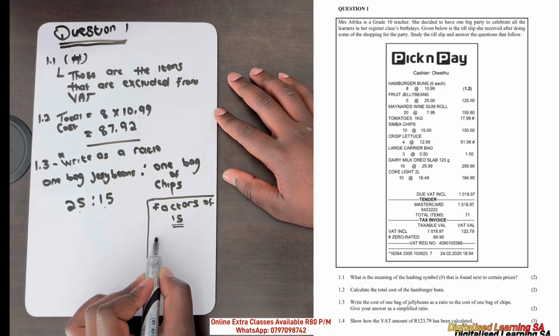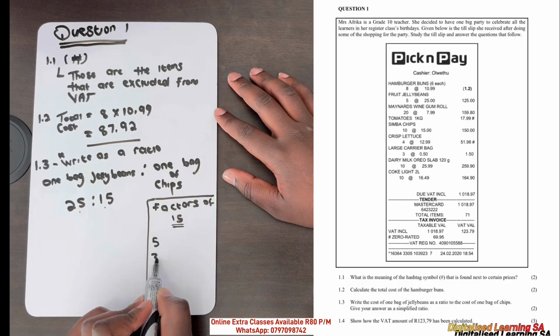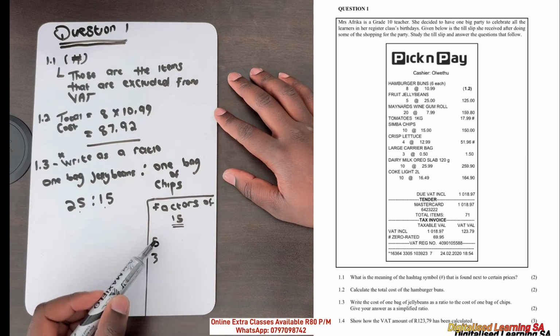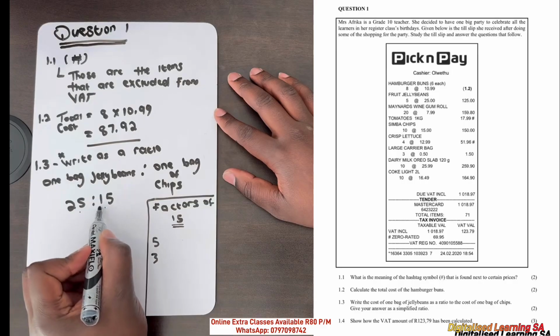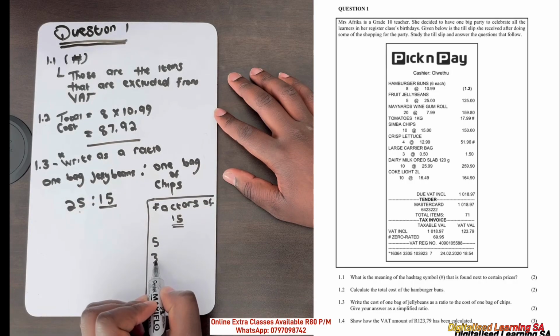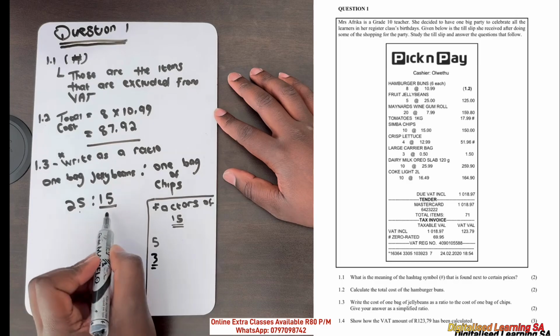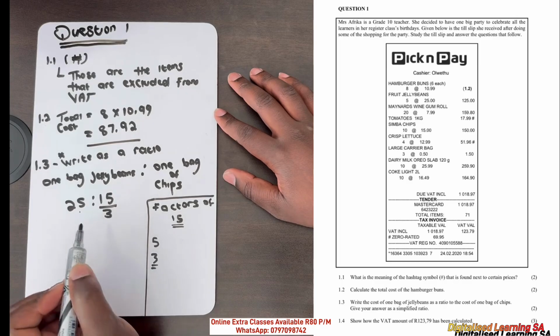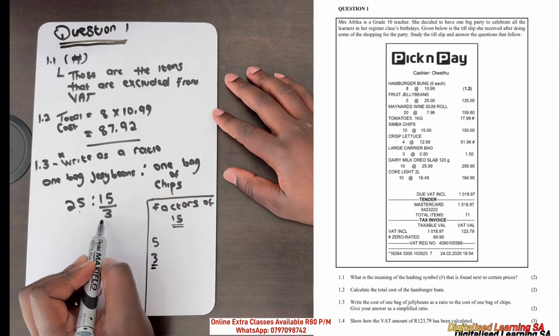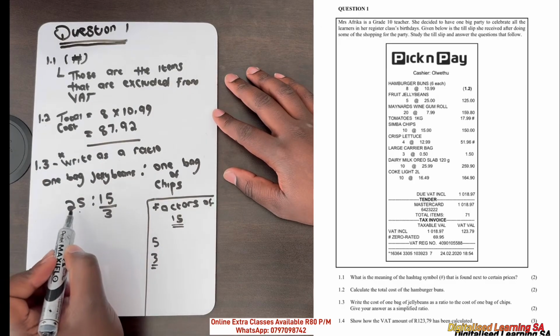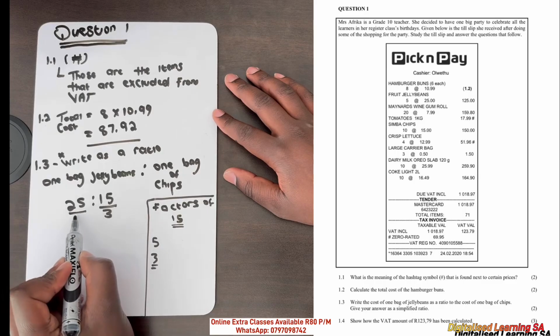We know that 5 multiplied by 3 gives us 15, so these two become our factors. Let's start with 3, for instance. We divide by 3, and remember that what we do on one side, we also need to do on the other side.